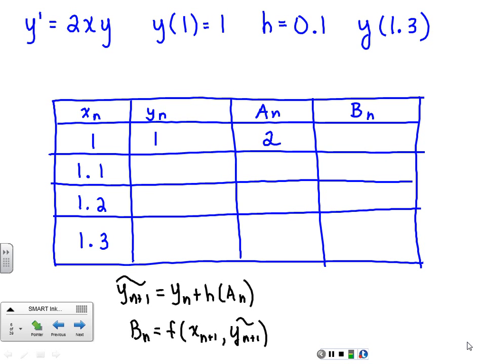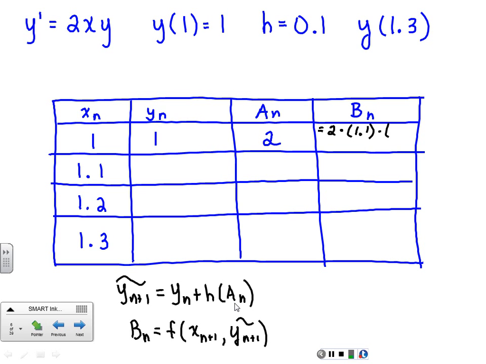So this is equal to 2 times your next x, which will be 1.1, right? Your next x won't be the same one on this same line. It's going to be the next x, okay? Times your y sub n plus 1 temporary. Well, we've got to figure that out. Y sub n plus 1 temporary is y sub n plus 0.1 times a sub n.